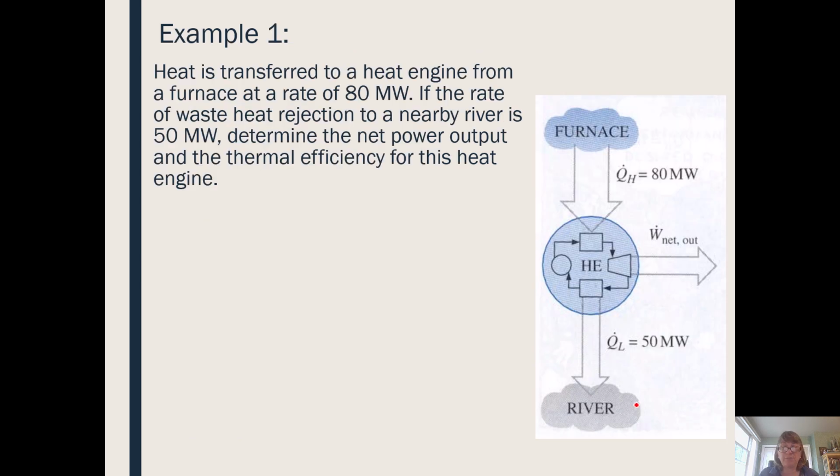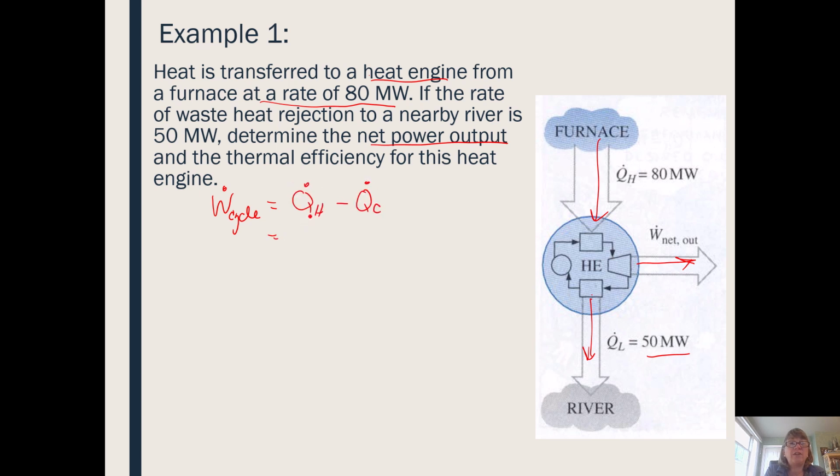Let's look at this example here. Here we have our heat engine. We're transferring heat, 80 megawatts, into our heat engine, and some of it is coming out as our work, our power, and then our residual heat coming out is 50 megawatts. If we're asked to find our net cycle power, recall that is our heat in minus heat out.